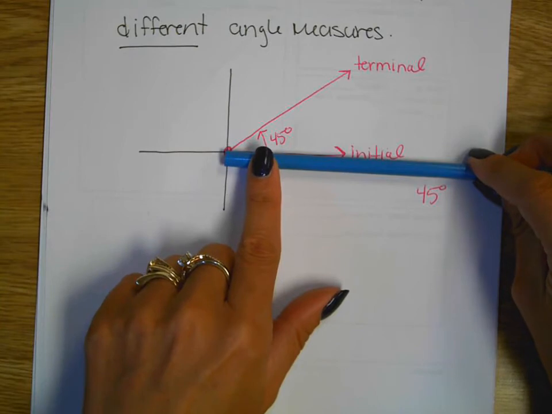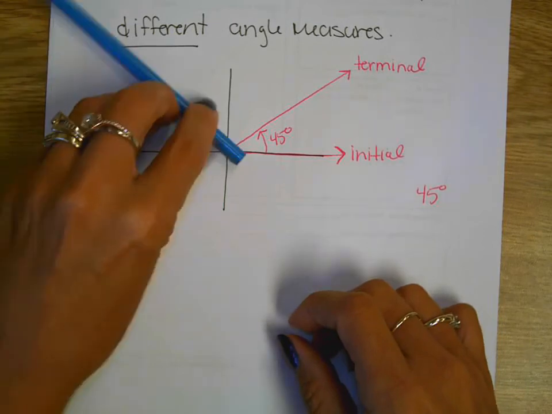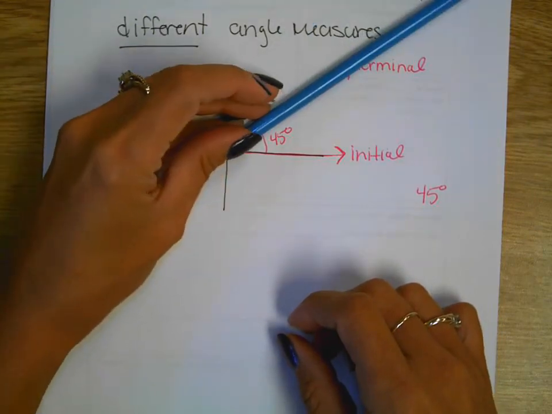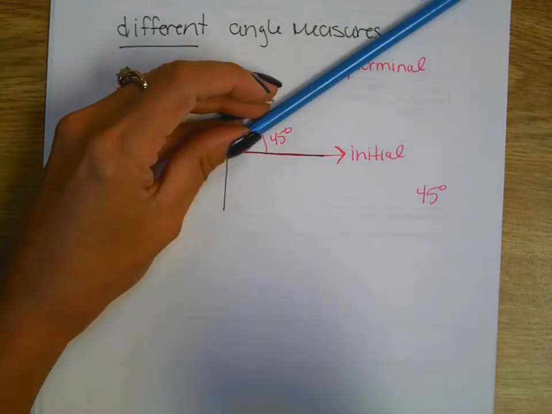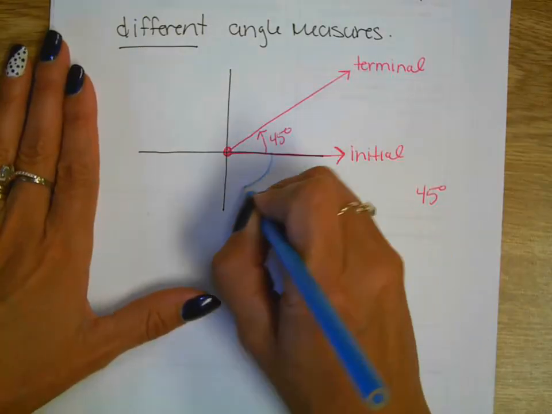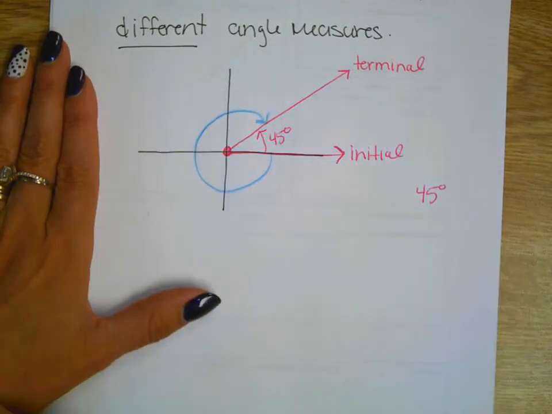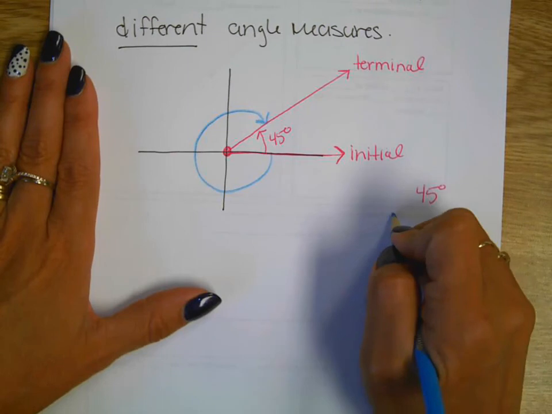What are you thinking? Can I go backwards? Can I start here, spin around this way, and stop here? Did I meet the criteria of starting in the same spot and stopping in the same spot? Okay, so we can show that with our little arrow. So that's a negative angle measure.